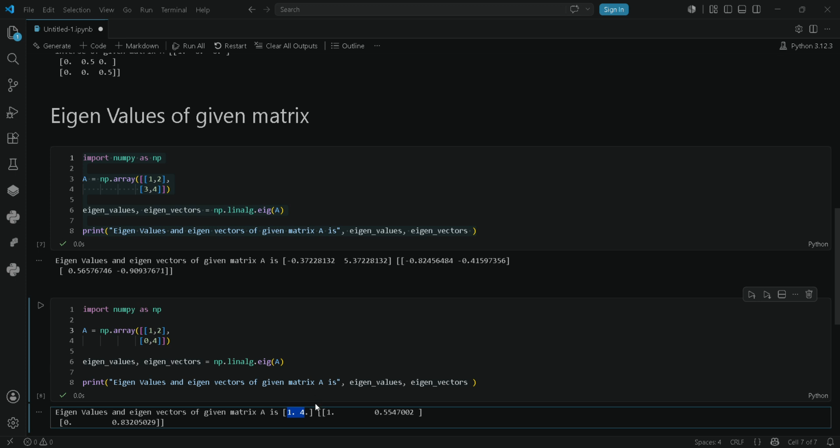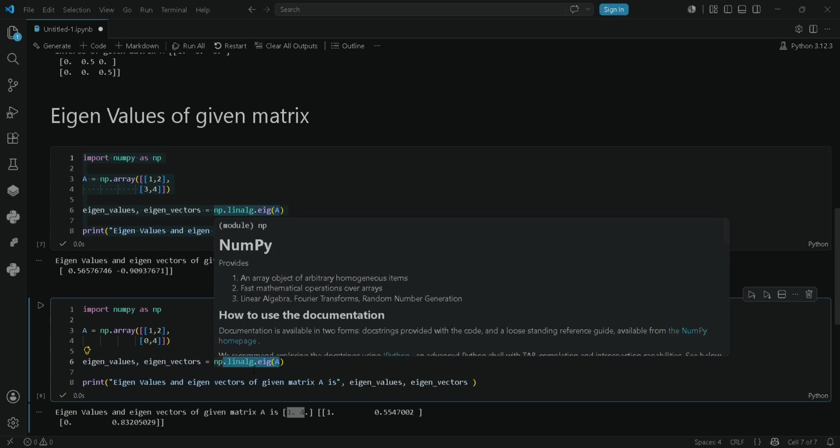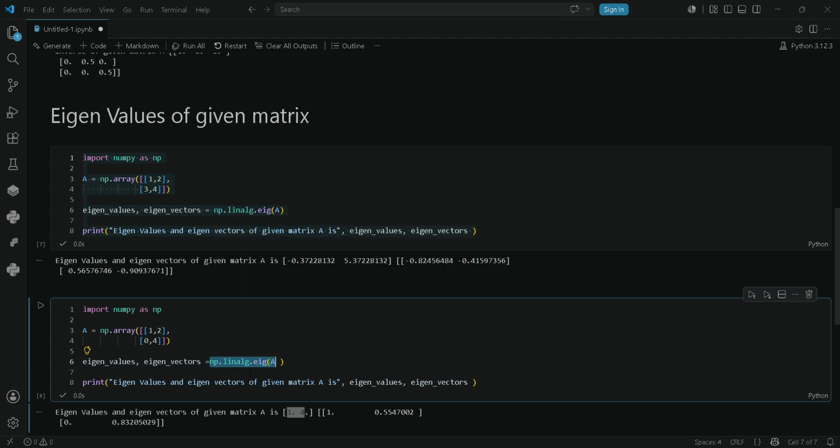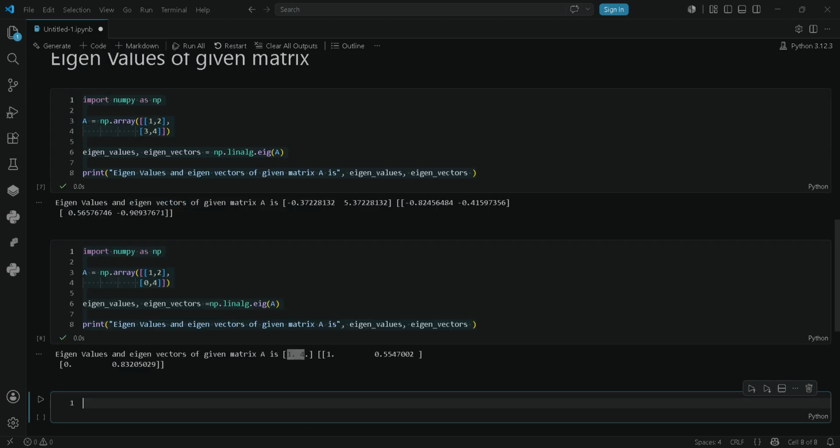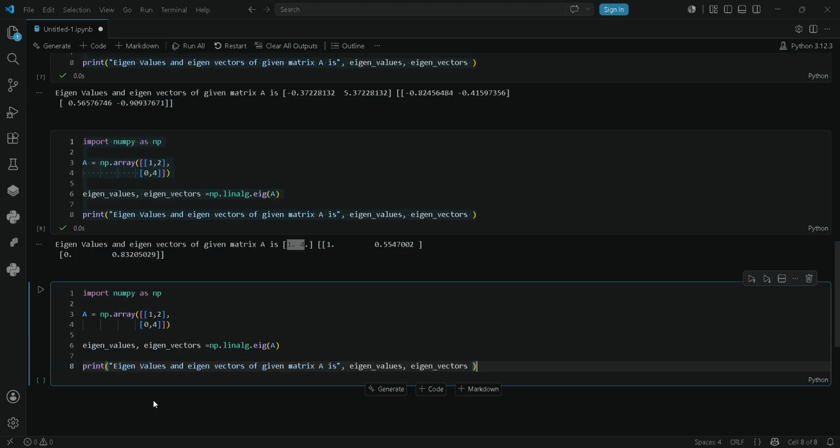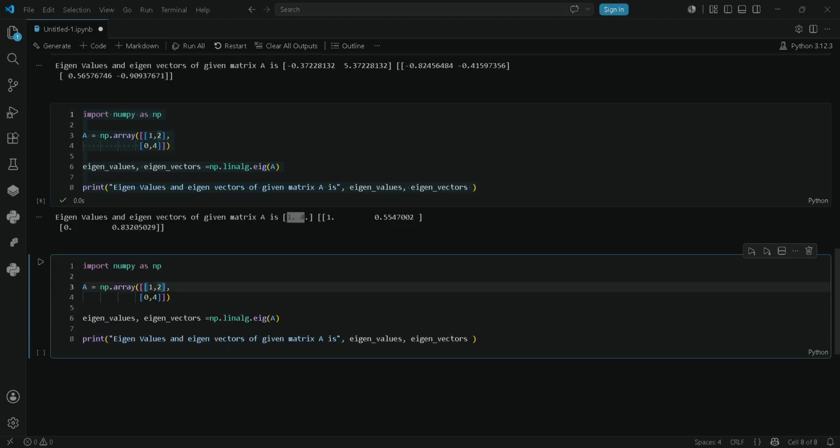So in simple words, we easily calculate the eigenvalues using this syntax, np.linalg.eig of the given matrix, and similarly we easily calculate the eigenvalues and eigenvectors for a matrix of order 3.